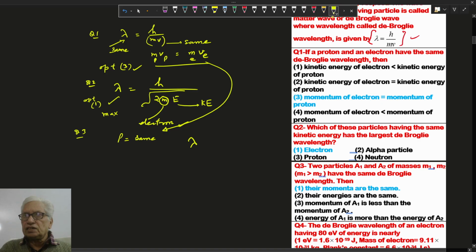If the wavelength is same, momentum must be same. So here option 1 is correct. If m1 is more, v1 is less, like. So option 1 is correct.